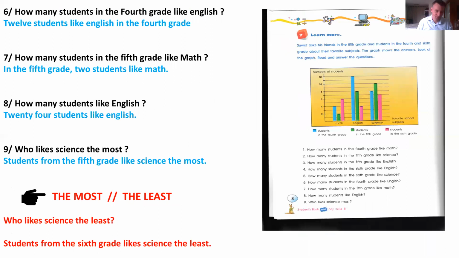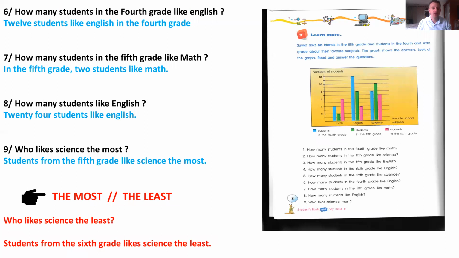Number 6. How many students in the 4th grade like English? 12 students like English in the 4th grade. Number 7. How many students in the 5th grade like math?